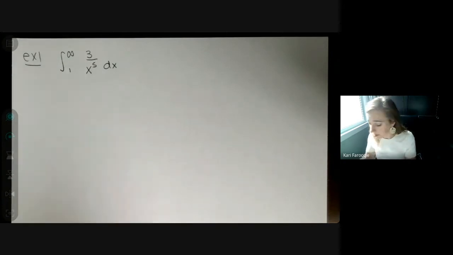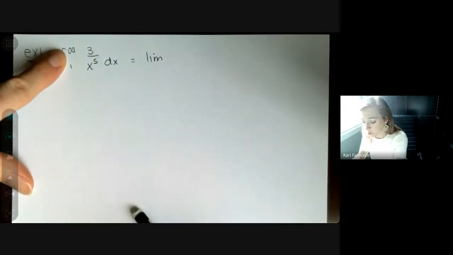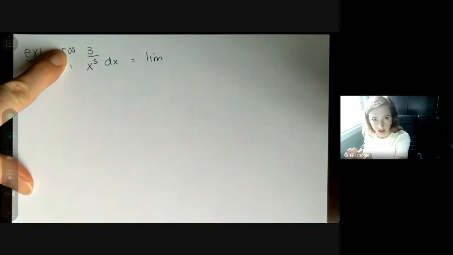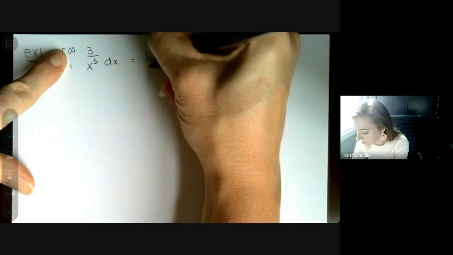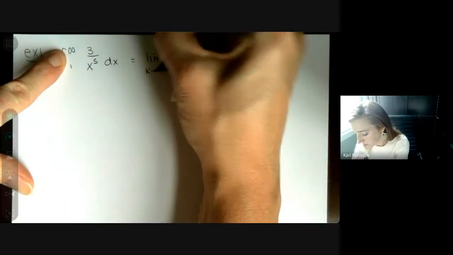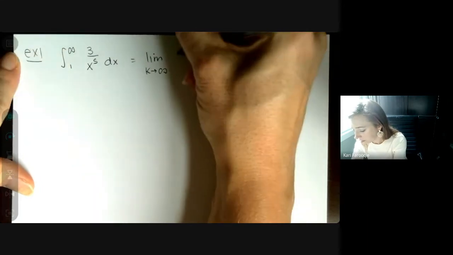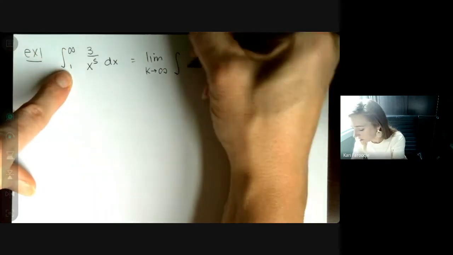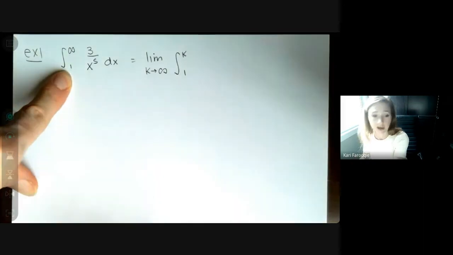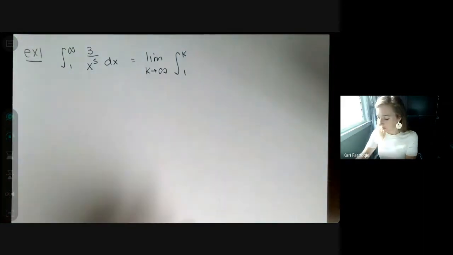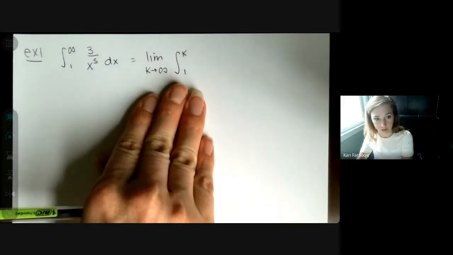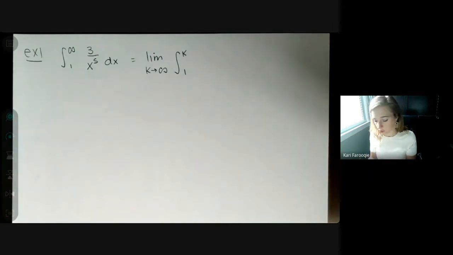It doesn't matter. When you set this up, all you're trying to do is replace the infinite limit with a variable. So I'm going to call mine k. You can call yours whatever you want. I'm going to send k off to infinity. Now, if k is heading to infinity, I'm going to then go from 1 to k instead of 1 to infinity. This is the only thing you're changing in your setup. You just have to know which piece is changing and which one's staying the same.